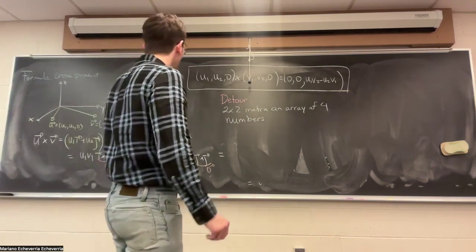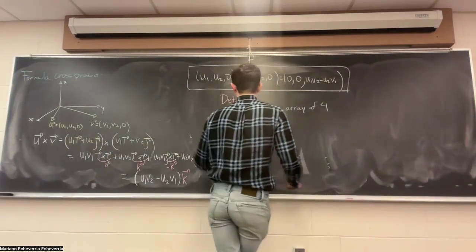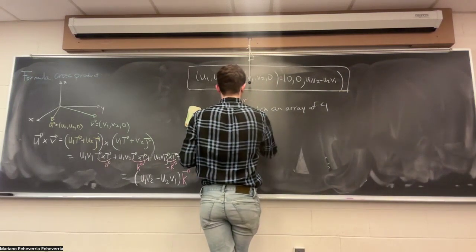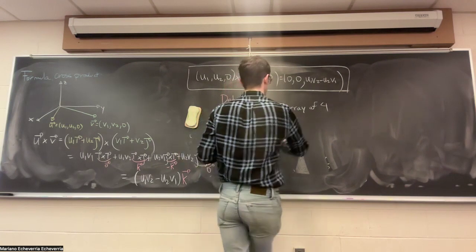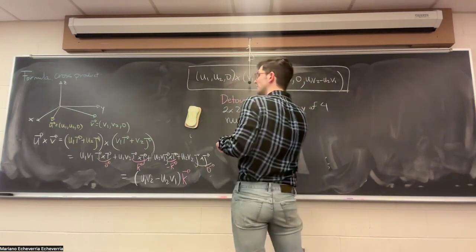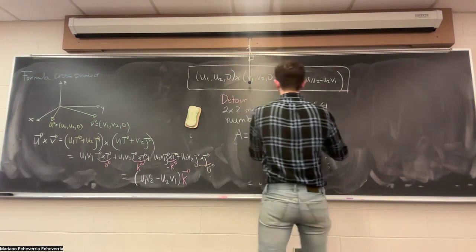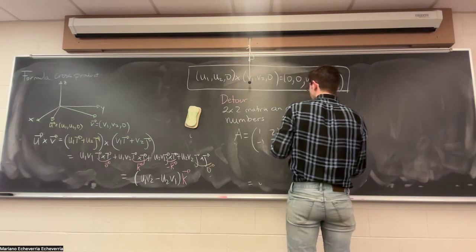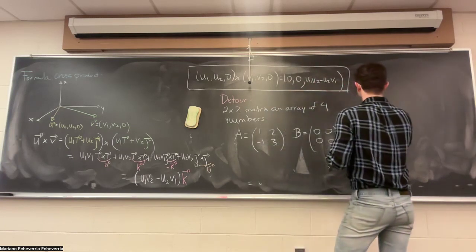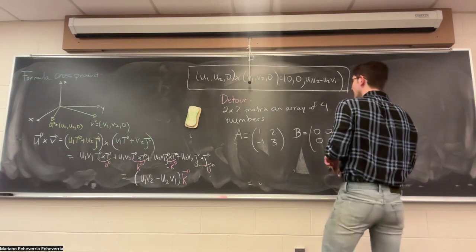How is that usually written? You write something like 1, 2, minus 1, 3, and that's a matrix. Usually you capitalize the letters for matrices. This is another one called the zero matrix, and this is another called a diagonal matrix, and you could keep going.